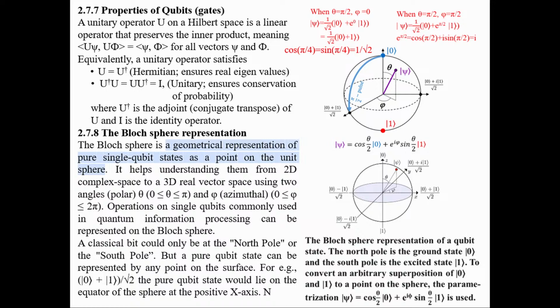Psi is nothing but the combination of these two, alpha and beta. The probability amplitudes are given. So anything can be defined on this Bloch sphere, because the probability is always 1. So its radius is only 1. So all qubits will lie on this.